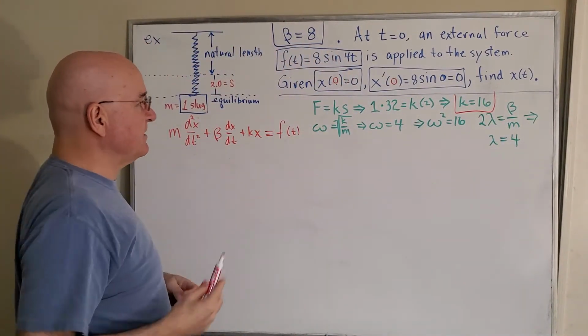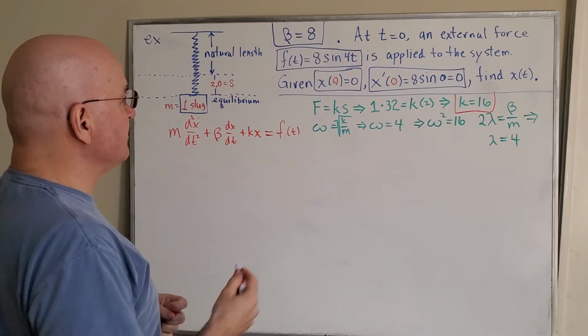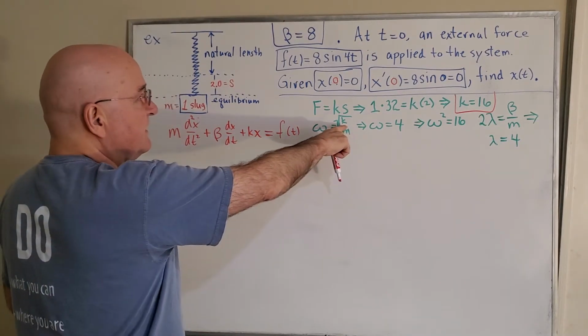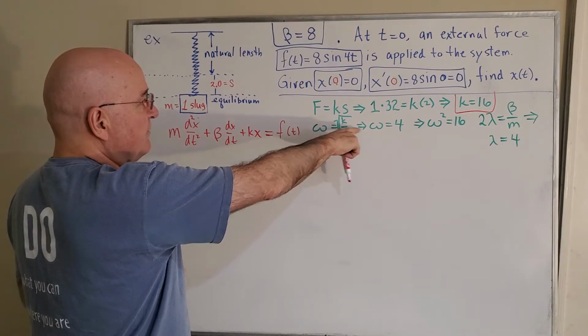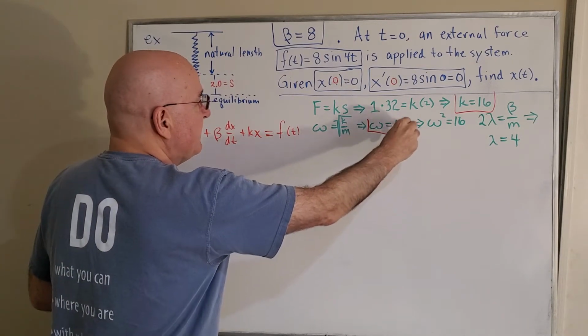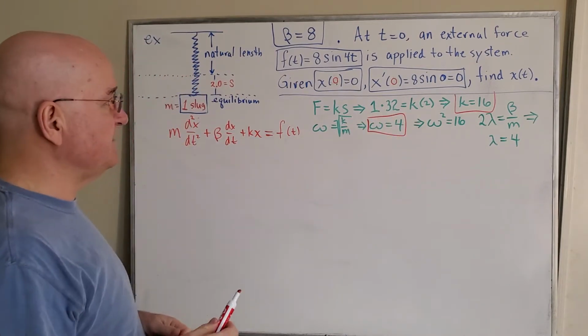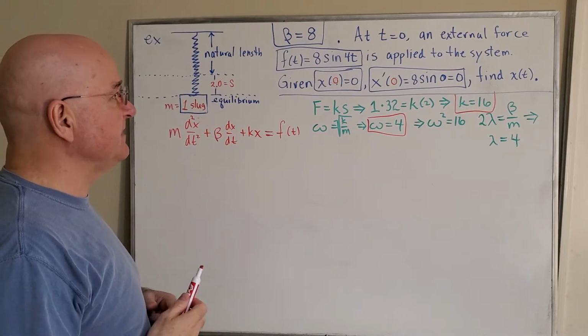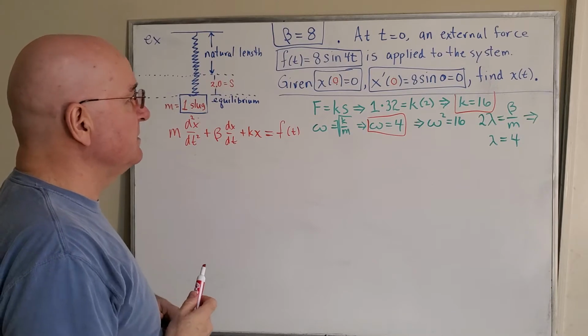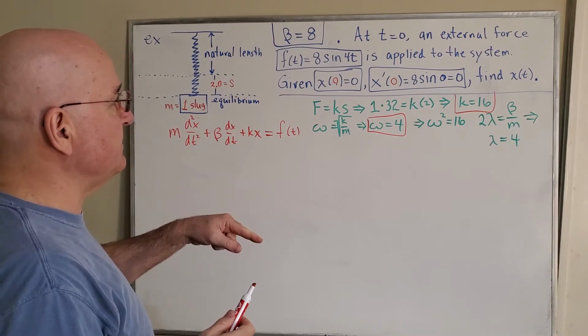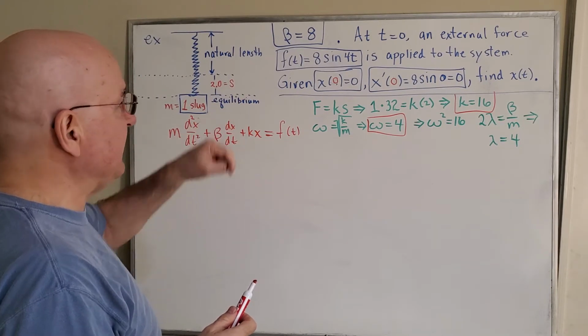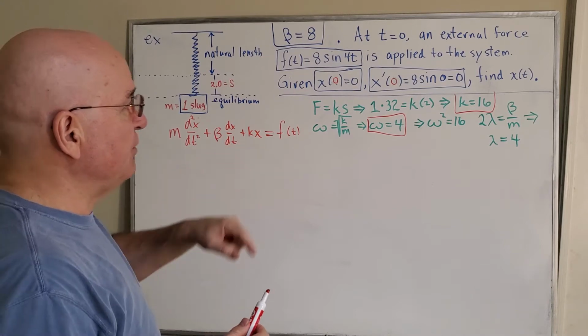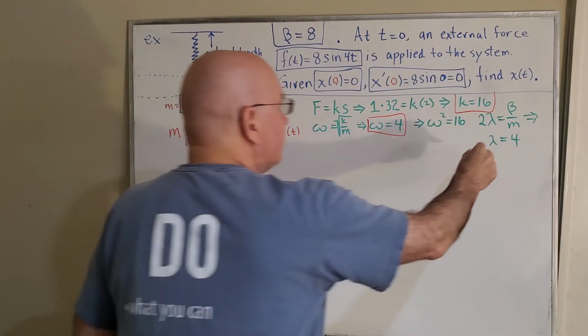Omega we know is the radical of K over M, so 16 over 1, radical 16, gives us an omega of 4, omega squared of 16. We know that 2 lambda is beta over the mass, so mass is 1, beta is 8, so we get 8 over 1, 2 lambda is 8, so lambda is 4.